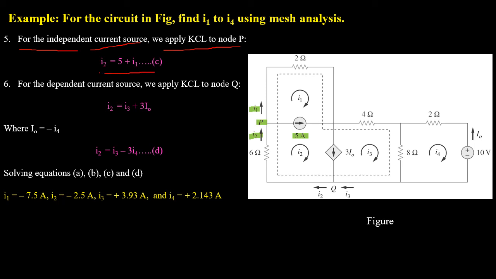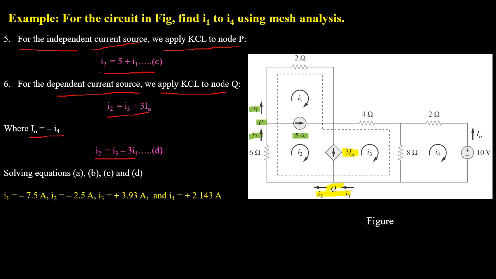Now we will apply KCL to node Q. At node Q, 3I0 plus I3 currents are entering into the node, where I2 is leaving from the node. And we know that I0 is equal to minus I4 because they are opposite in direction. Now substituting the value of I0, we will have the last equation of the circuit, which will be I2 equals I3 minus 3I4.